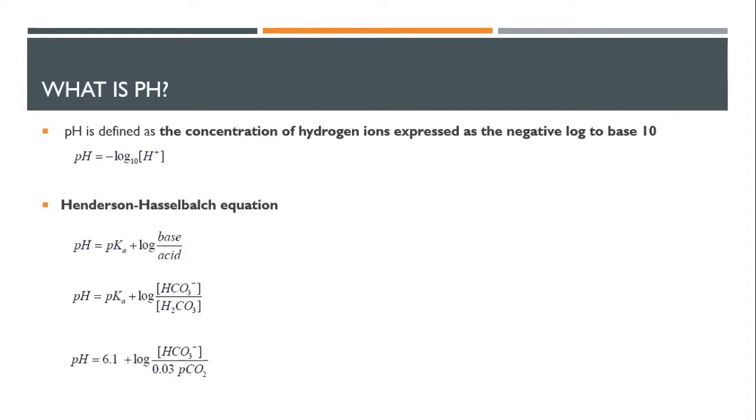And so right at the beginning in the history of blood gas interpretation, the concept of pH was developed. Your pH is your concentration of hydrogen ions, expressed as the negative log base 10. And that makes it a round number that's easy for us all to understand.